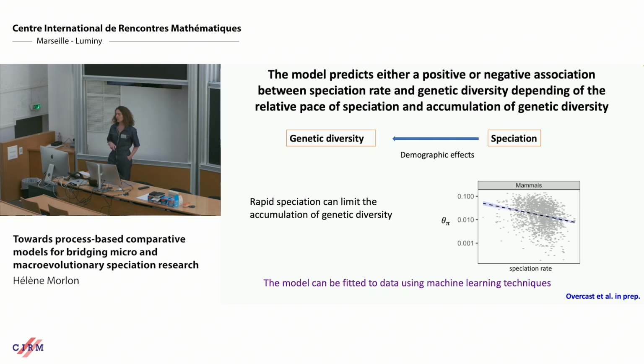So if we have rapid speciation, that's one of the hypotheses that I gave before, where speciation is so fast that it can limit the accumulation of genetic diversity, and we have this negative relationship. So this process can generate this negative relationship, but now what we're doing is to fit this model to actual data, which we can do using some machine learning techniques.